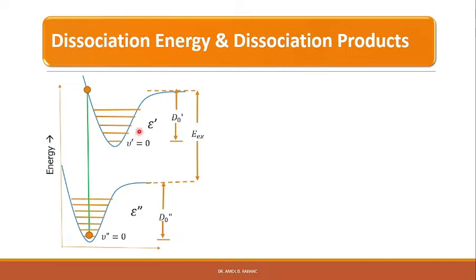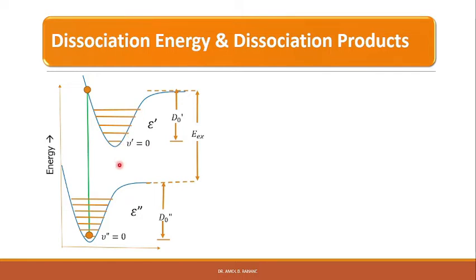Corresponding to the lower state and upper state, we have the dissociation energies, right? We indicate the lower state with the double prime and the upper state with the single prime. So this E double prime and E prime are the electronic energy levels, and corresponding to these electronic energy levels, we have nu double prime and nu prime that indicate the different vibrational levels.